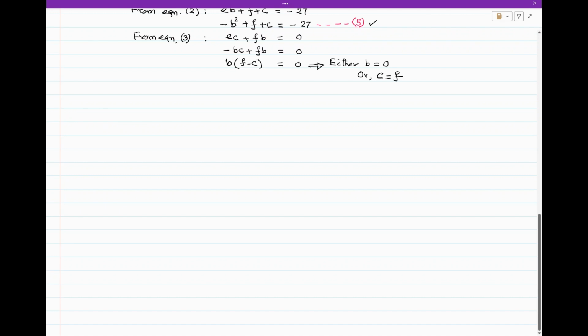Let us examine the cases when b is equal to 0 or when c is equal to f separately. Let us call case 1 when b is equal to 0.